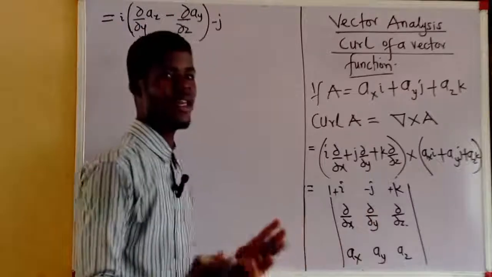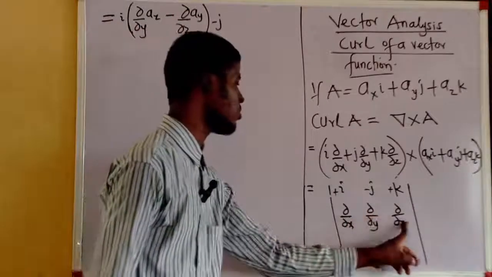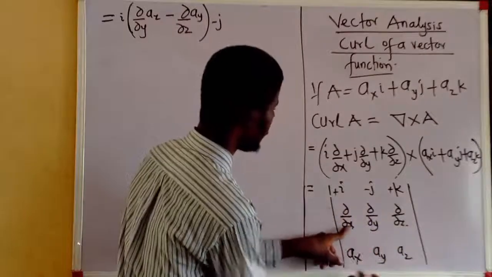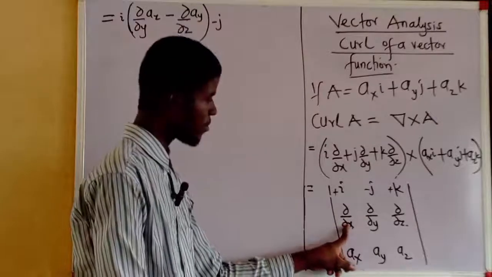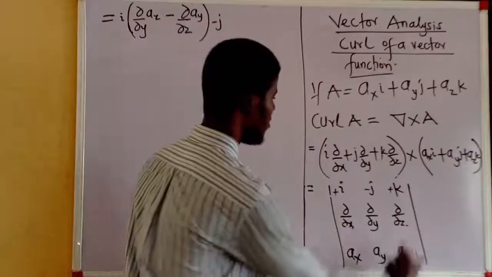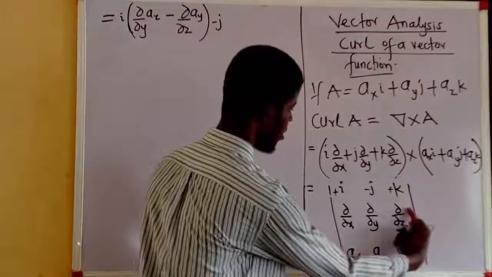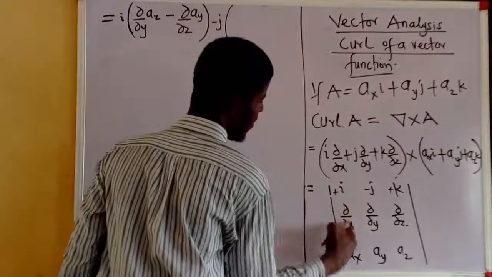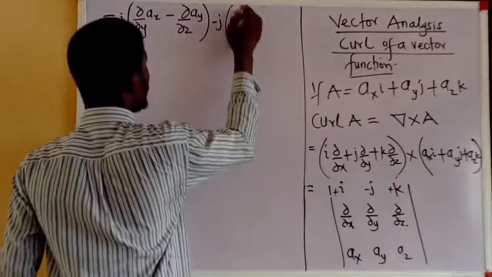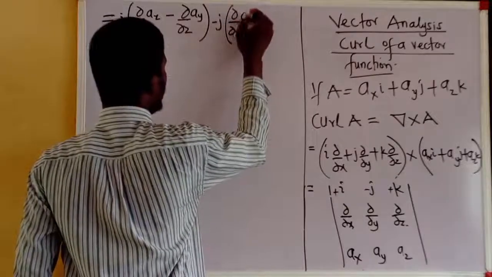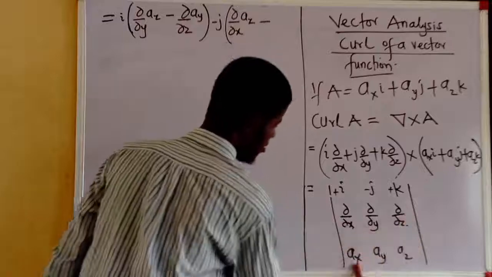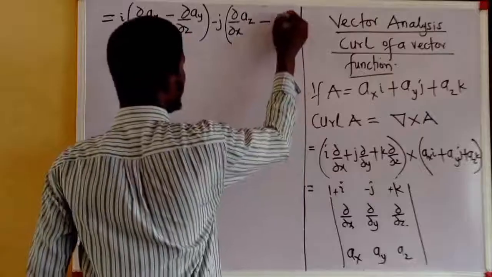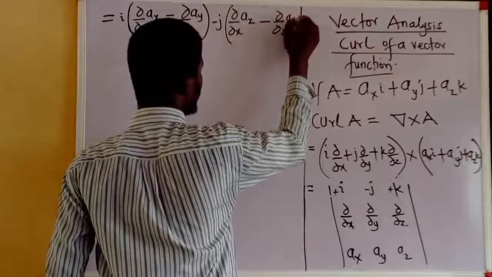Because we are taking these now as operators and not as multipliers, this will now be the partial derivative of Az with respect to x, minus the partial derivative of Ax with respect to z. So we have partial x of Az minus partial z of Ax.